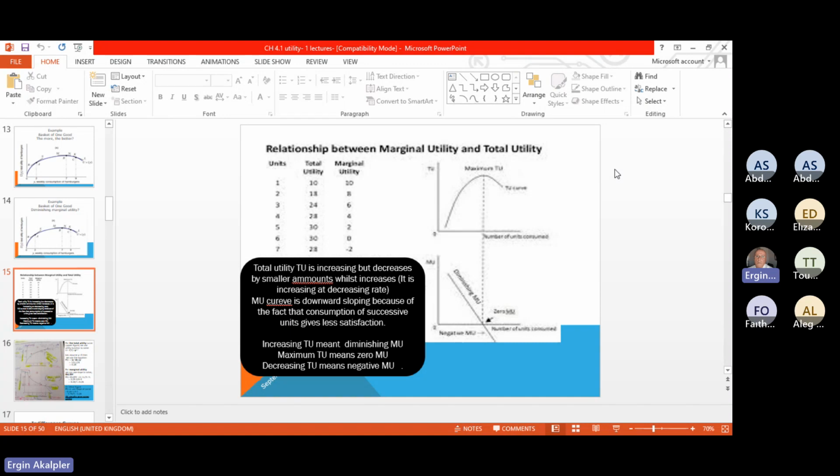Above is represented the total utility and the number of units consumed, and in the below part is represented the marginal utility. And as you are observing, at optimal or maximum point of this utility function, the marginal utility intersects the x-axis and it goes downward, which means there is negative utility, there is diminishing marginal utility.